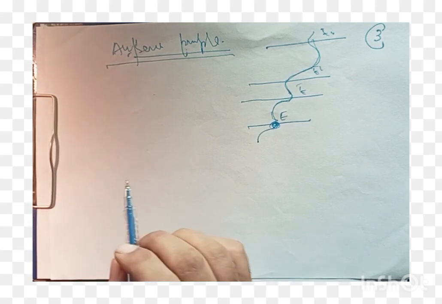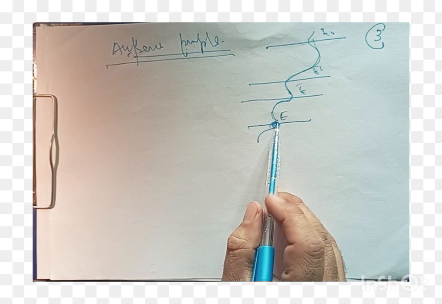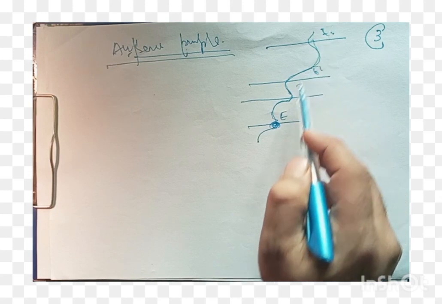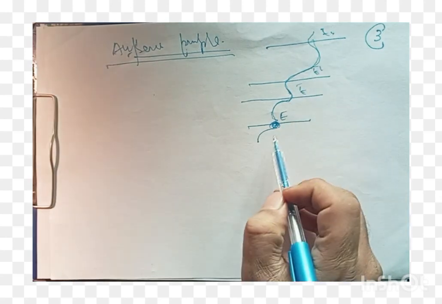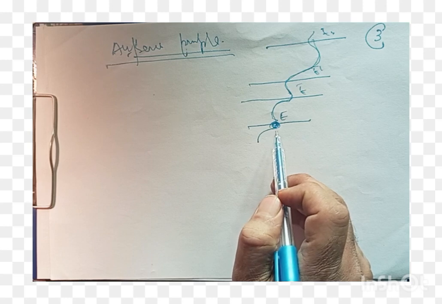So the orbitals with the lowest energy level will be filled first. If we have, say for example, a hydrogen atom, it has one electron, it's not going to go into the other energy states that are available in the hydrogen atom. It will go to a state which has the lowest possible energy.